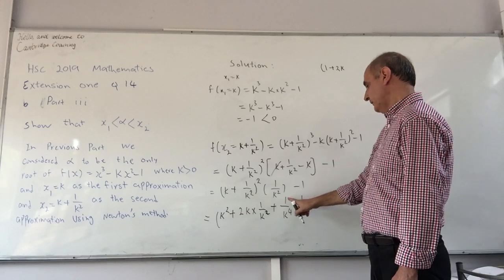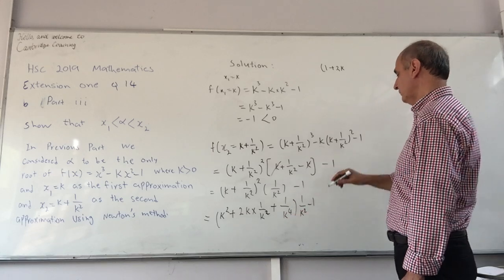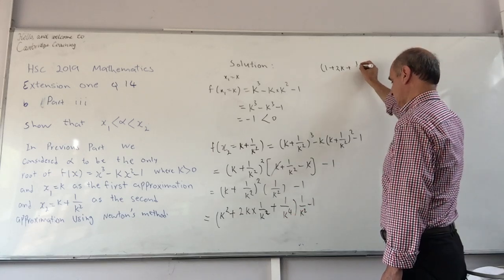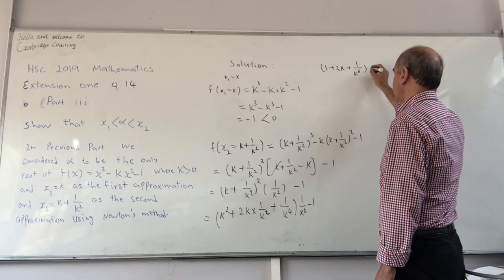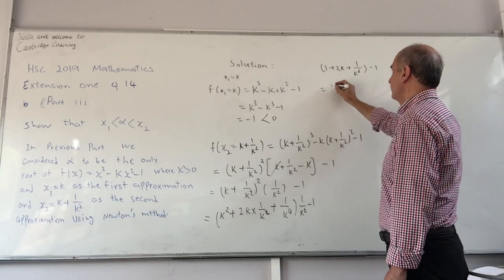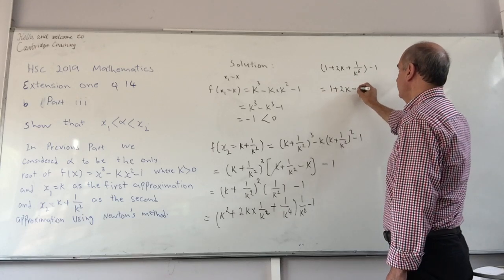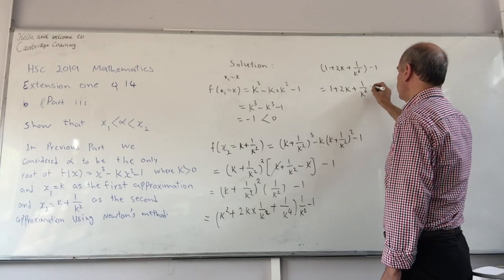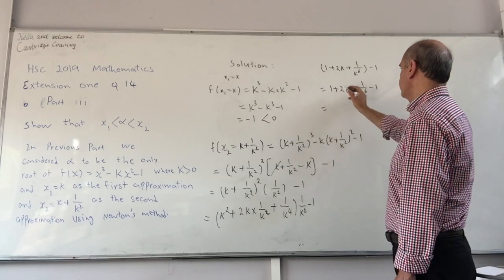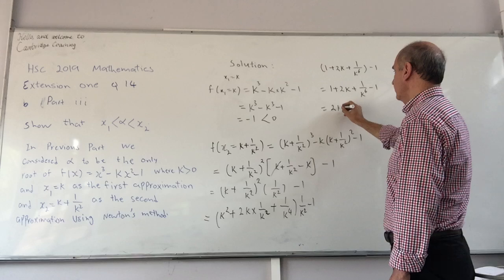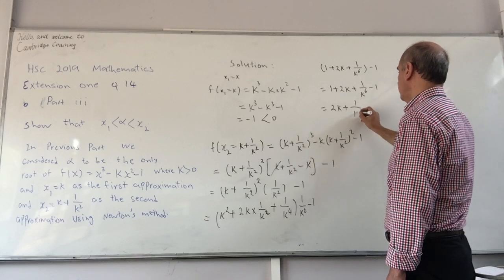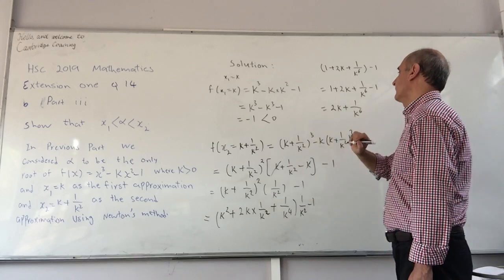And 1 on k squared times 1 on k to the 4 becomes 1 on k to the 6, minus 1. So that becomes 1 plus 2k plus 1 on k to the 6 minus 1. This 1 and minus 1 cancel out, becomes 2k plus 1 on k to the 6.